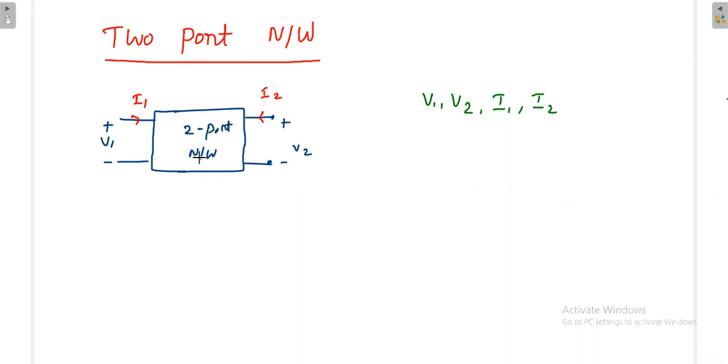So we'll write a minimum of two equations. For example, V1 and V2 may be written as a function of I1, I2. Again, this is also a function of I1, I2. So the voltage at port 1 and port 2, we are representing as a function of I1 and I2.